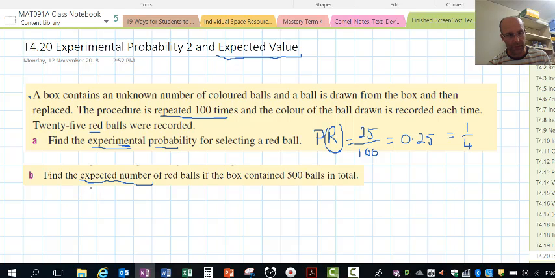Sometimes expected number is called expected value, and it's a very important idea. It's used a lot when, say, a company is looking at how often a component will fail or break. What's the likelihood of something occurring given this many trials?